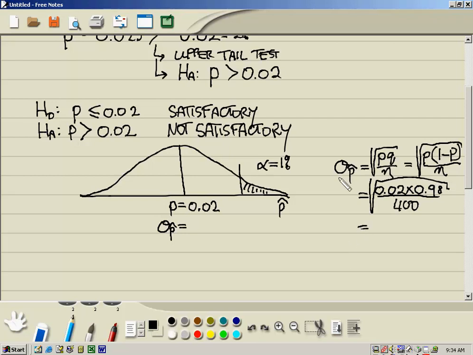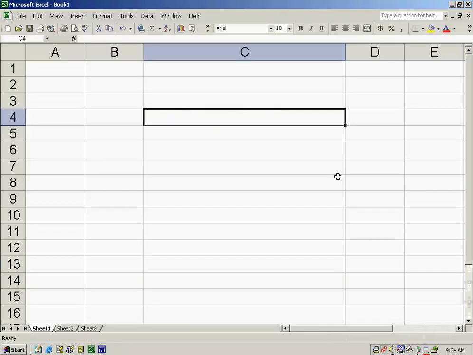Alright, so let's now do that calculation. So in Excel, if you're going to do it that way, it would be equals the square root of, the parentheses for the top line, 0.02 times 0.98, close parentheses for the top line, divided by a sample size of 400, close parentheses for the square root, and we get precisely 0.007.